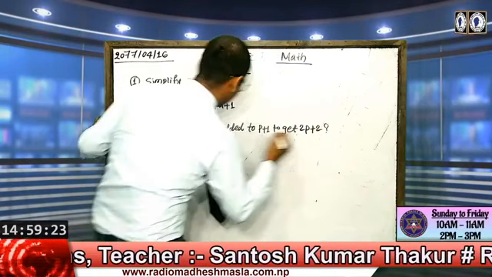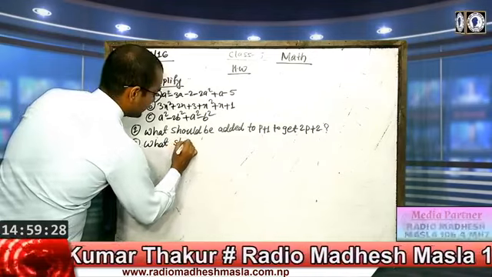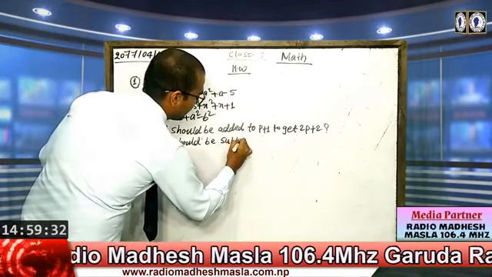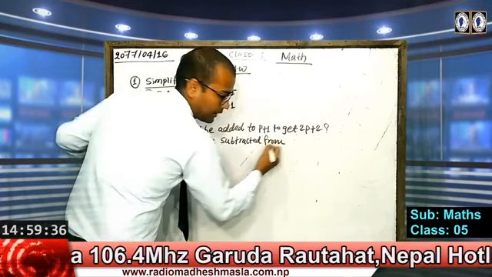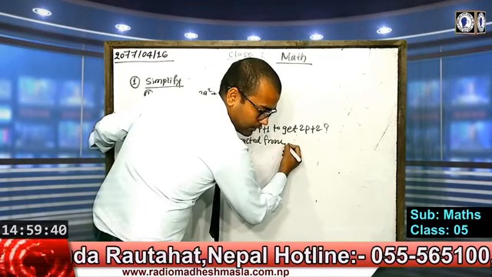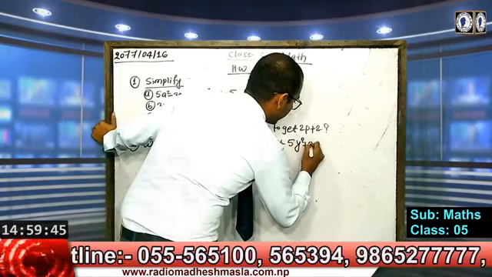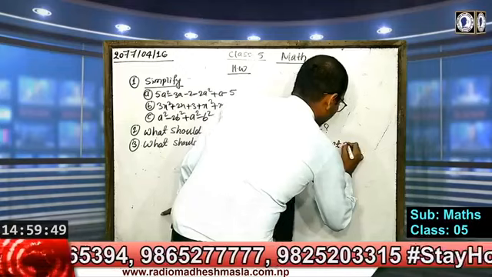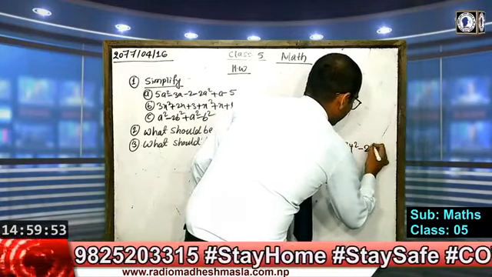In the same way, question number 3: what should be subtracted from 5y square plus 3 to get 3y square minus 2?